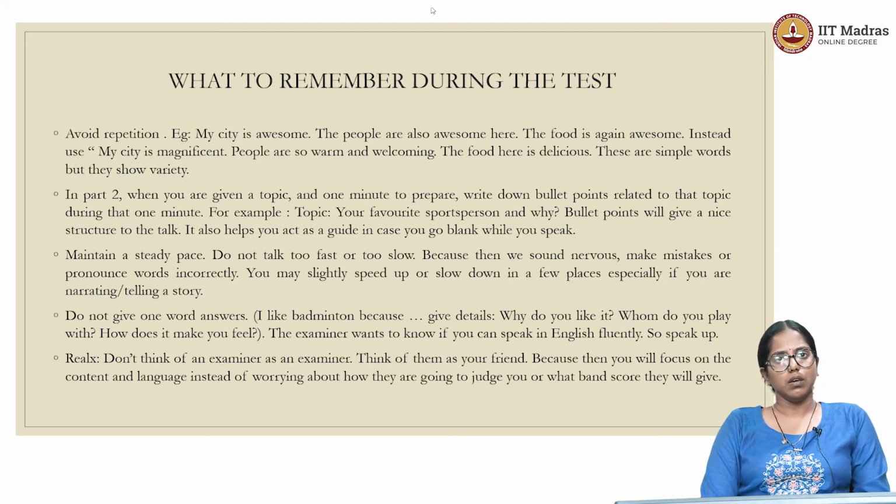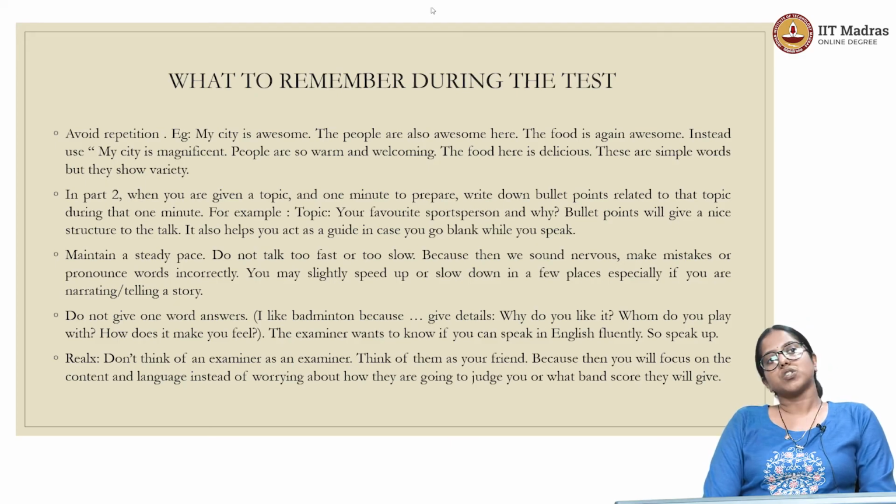All of this can be used in that particular conversation. So when you jot down your thoughts in the form of bullet points, a nice structure comes out and your talk will be well structured. So it will act as a guide in case you go blank while you speak.